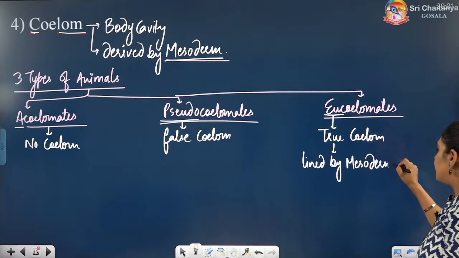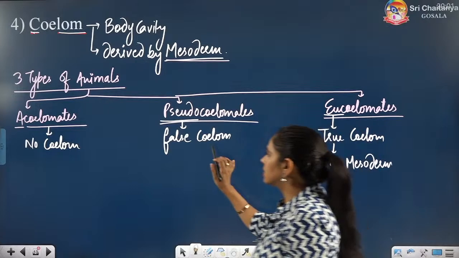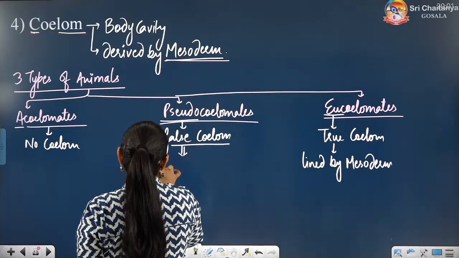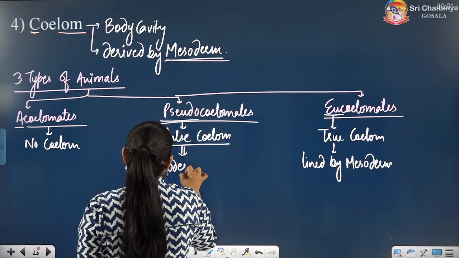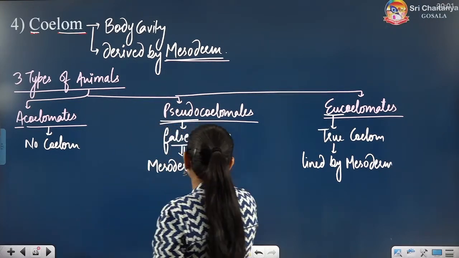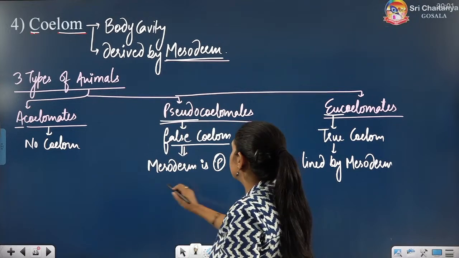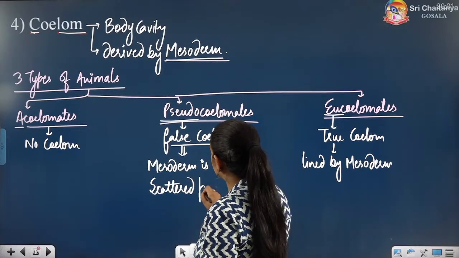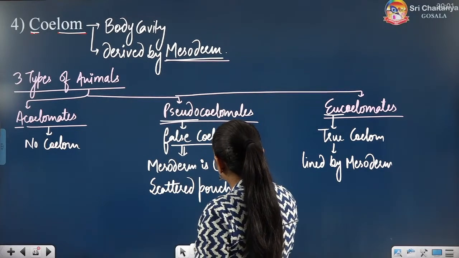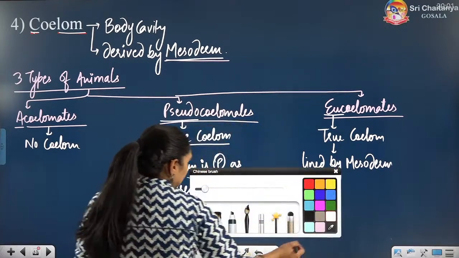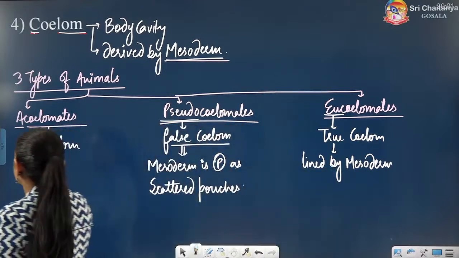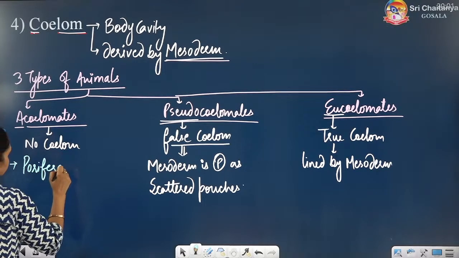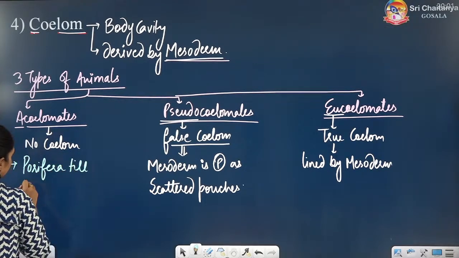In a false coelom, mesoderm is present as scattered pouches, everyone. Scattered pouches. Alright.